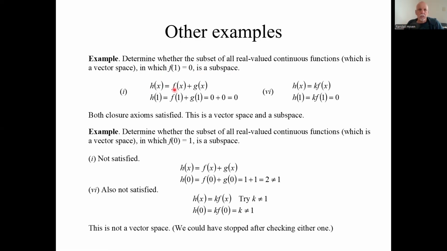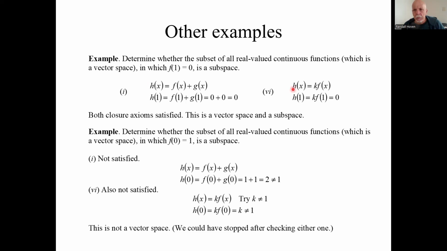This h means I sum two functions that are of this subset. Give it the argument 1, that means I give each of these the argument 1. Because they're in that subspace, that just means 0 plus 0, I still get a 0. So it satisfies closure under addition.